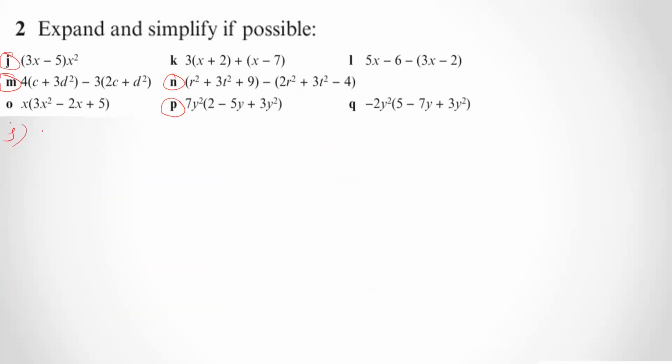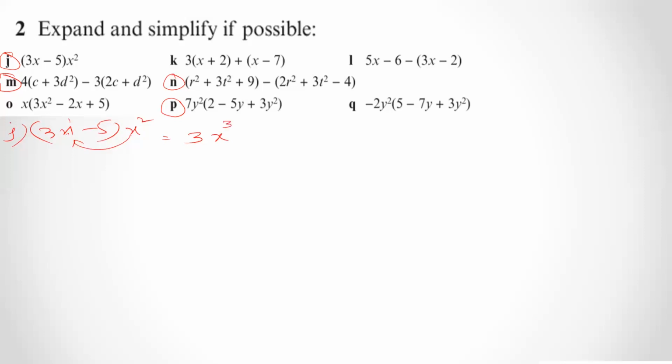J states 3x minus 5 times x squared. So it will be 3 times x power, because its power is 1. When x is multiplied with this x, this 2 and 1 will be added, so it becomes 3.